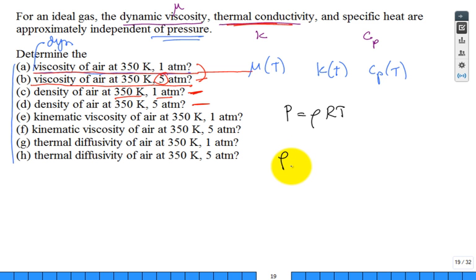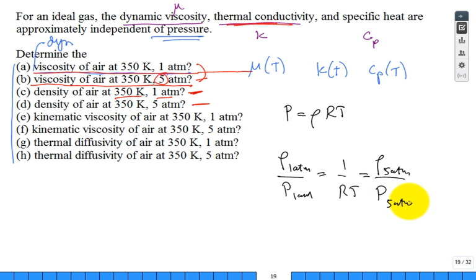If I have the density at 1 atm and I divide it by the pressure at 1 atm, that's simply 1 over RT. It's a constant, which is the same as the density at 5 atm divided by the pressure at 5 atm.